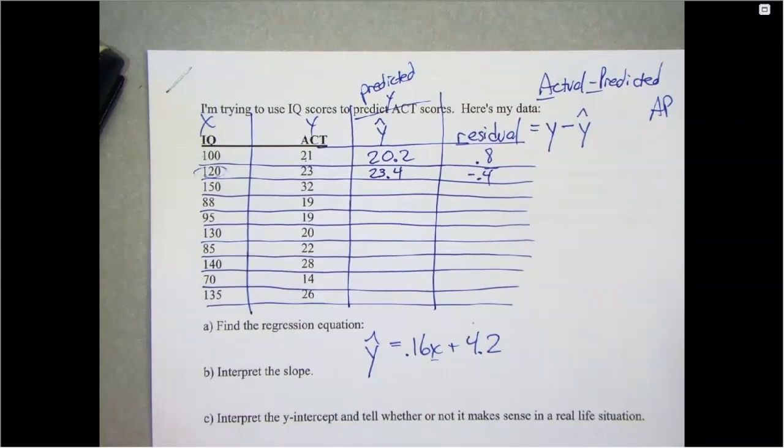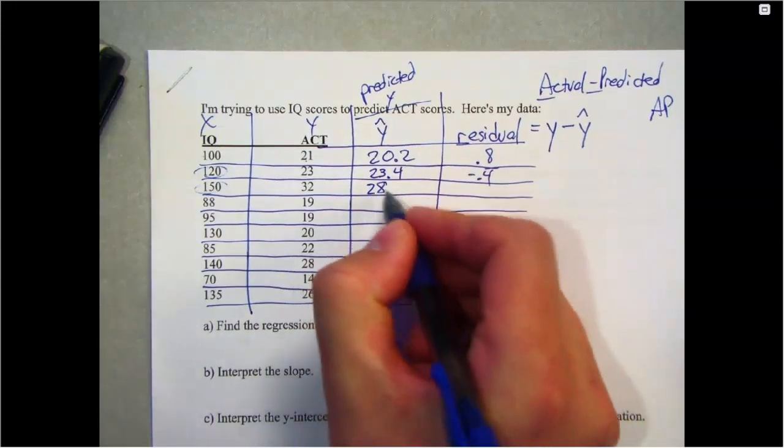Should I do one more? Are you guys good? I'll do one more, and if you're good, just ignore me. So I'm going to take the 150, plug it in for x, and see what we expect to happen if x is 150. I get 28.2.